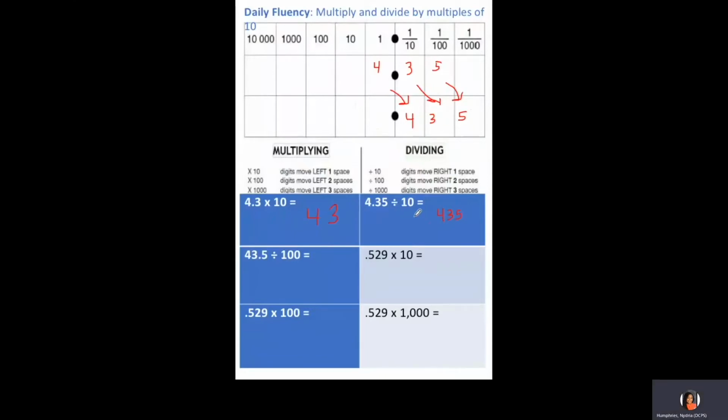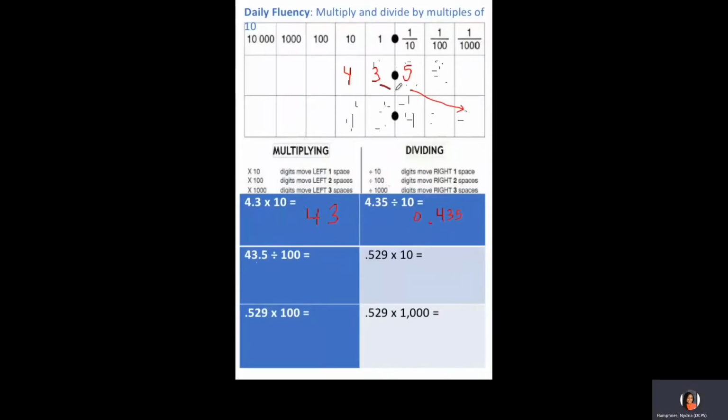Let me just put my placeholder here so that people can see this is a decimal. So in our next problem, we have 43 and 5/10 divided by 100. So when we're dividing by 100, the digits move 2 places to the right. So we got to move this all the way over here. 2 spaces.